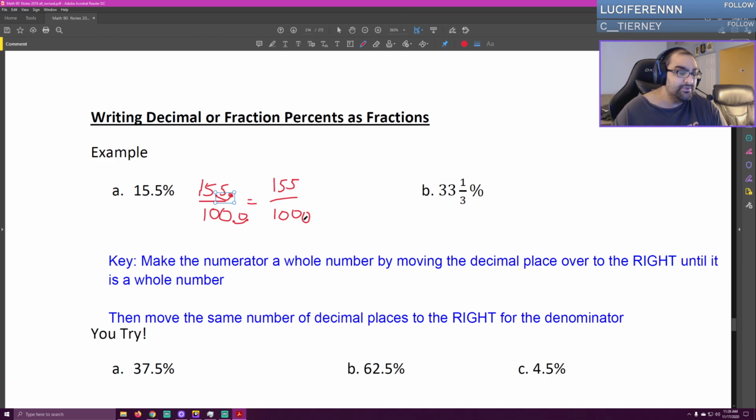Now we have two whole numbers, and then we reduce down after that. So now we can reduce it down and see what we get. Take a look at 155 over 1,000.